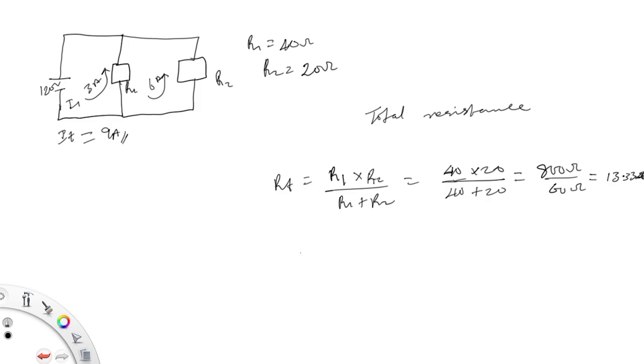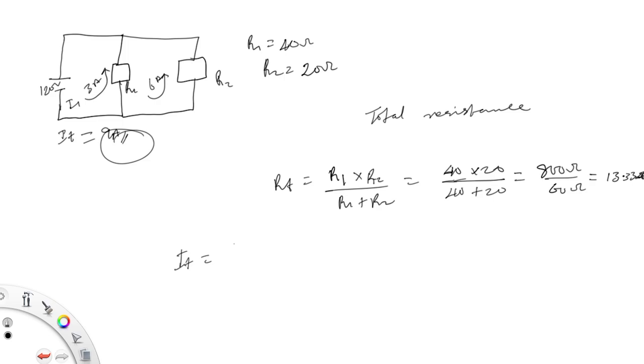So to prove that we have gotten our answer right here, 9 correctly, we go by IT is equal to what? The total value. We've gotten our RT as 13.33.